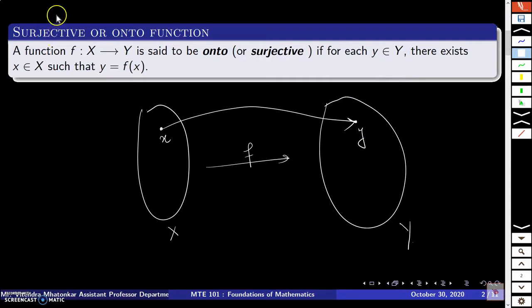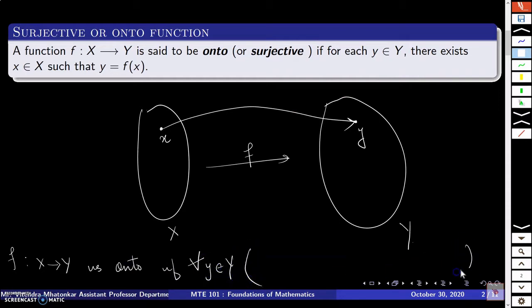Okay. So if you want to put this using quantifiers, how will you put this? A function f from X to Y is onto if to each y in Y, that means for every y in Y, there exists a point in the domain, that is capital X. So existential quantifier.